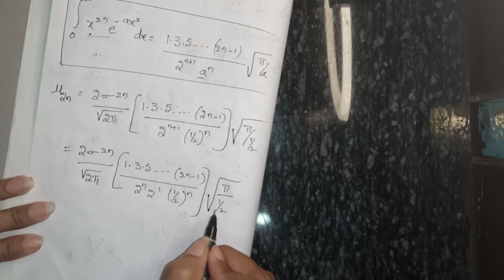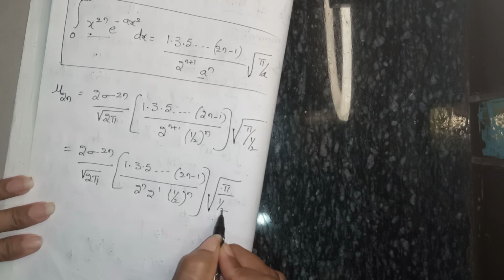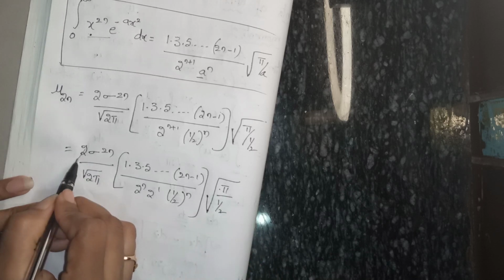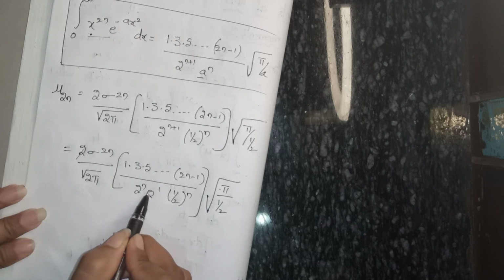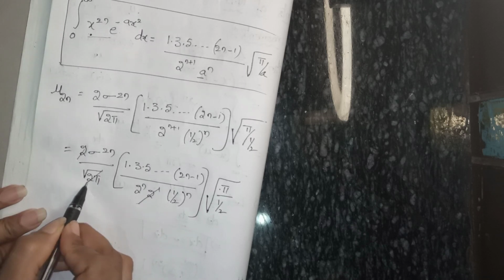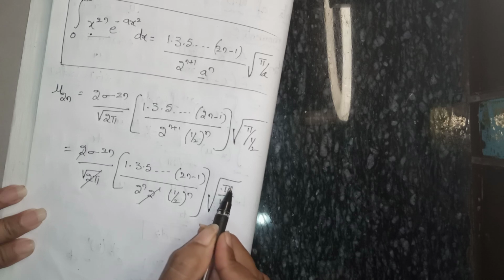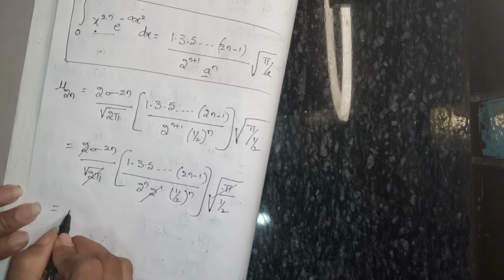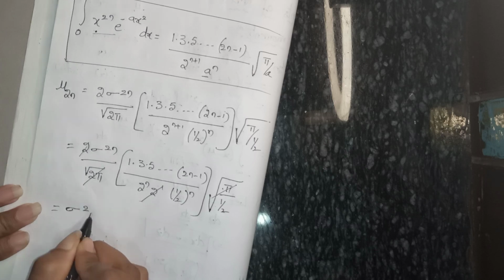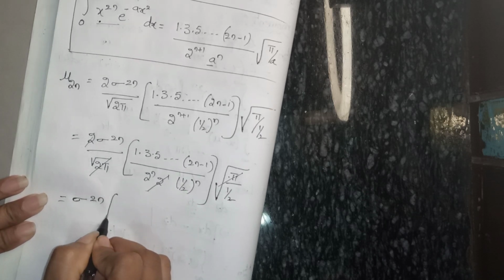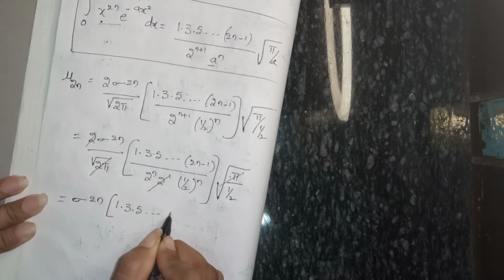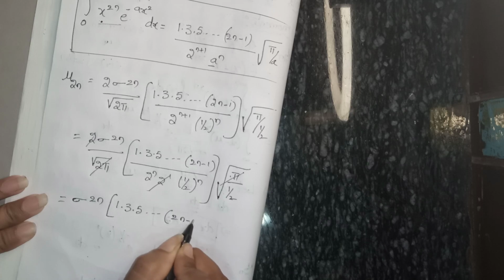So here if you see, this 2 will come from denominator to numerator. That means this term will cancel and this term will cancel. This 2 pi will cancel. If it goes here, this term also will cancel. So the remaining term will be sigma 2 power n into 1 into 3 into 5 and so on, 2n minus 1.